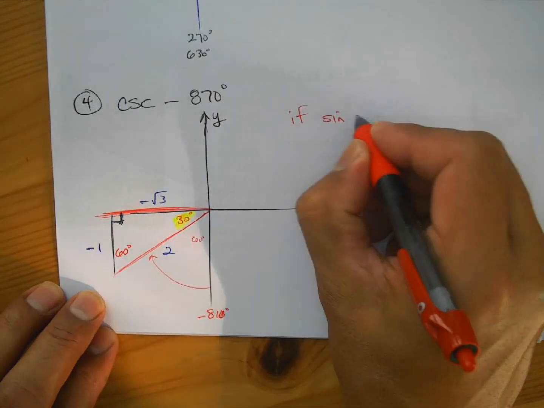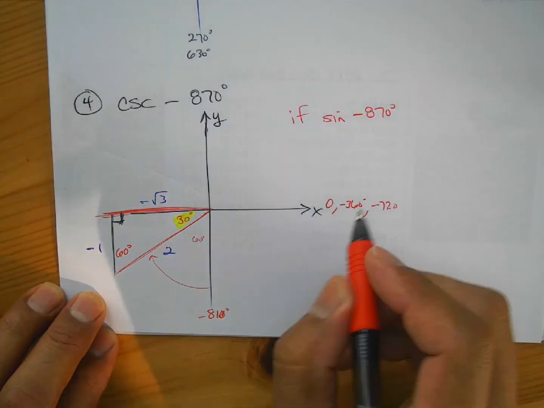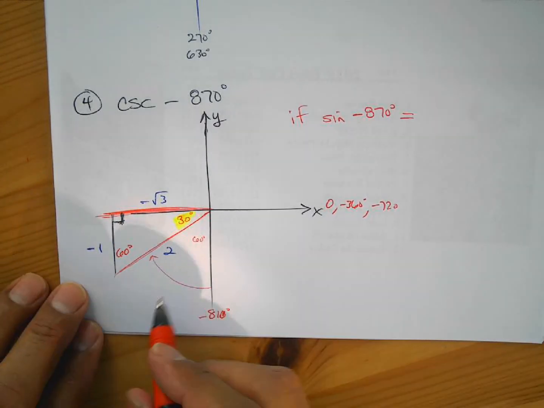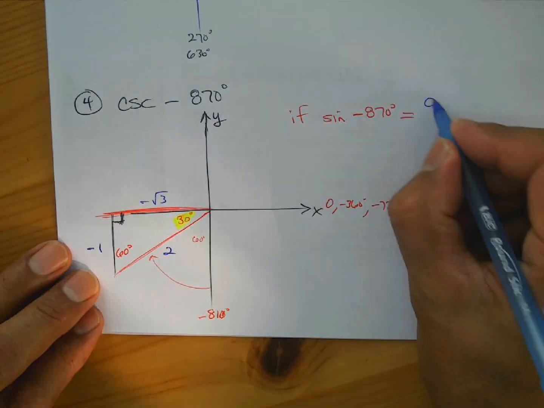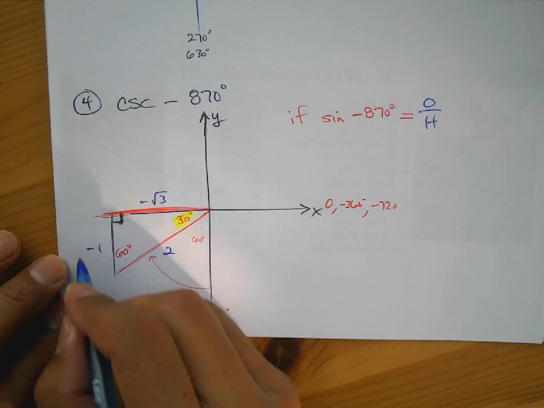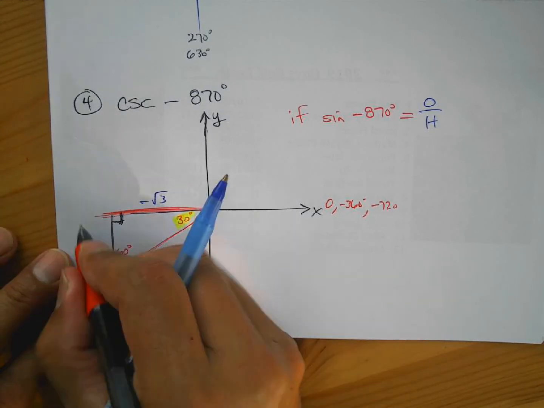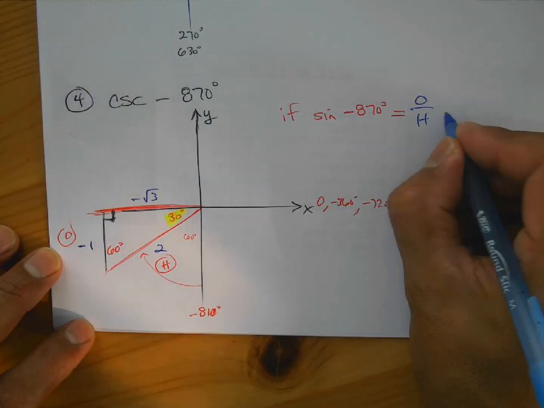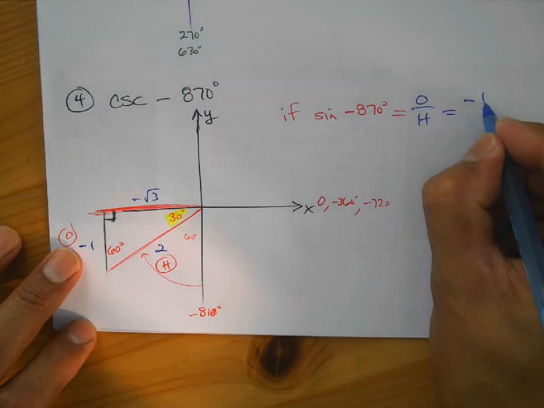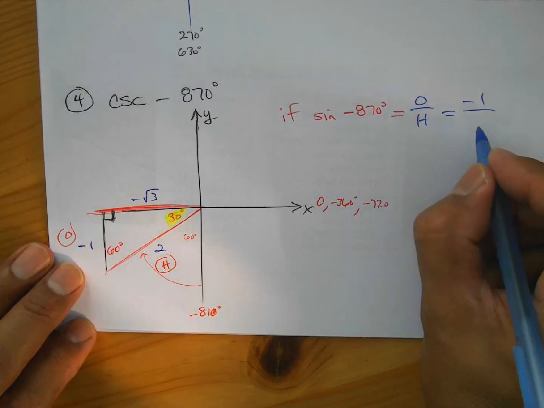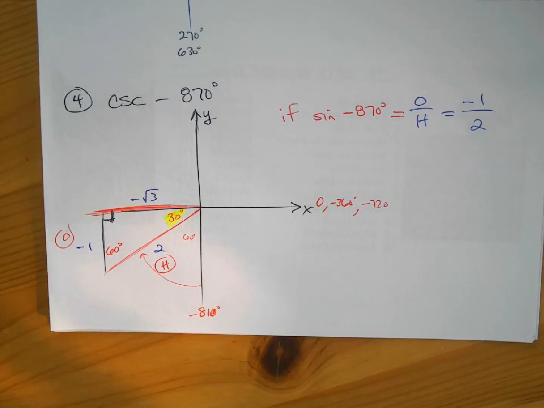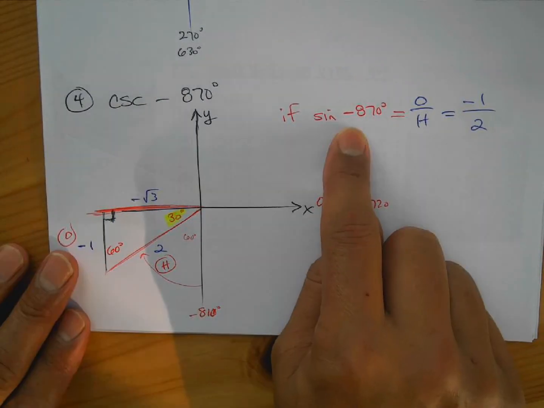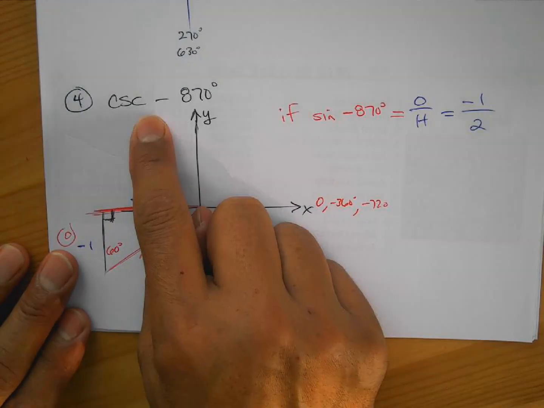So sine of negative 870, sine would be what? O over H. This is my opposite side. This is my hypotenuse side. If sine is negative 1 over 2, if it's true that sine is that, I have to know this one first to get cosecant, right?